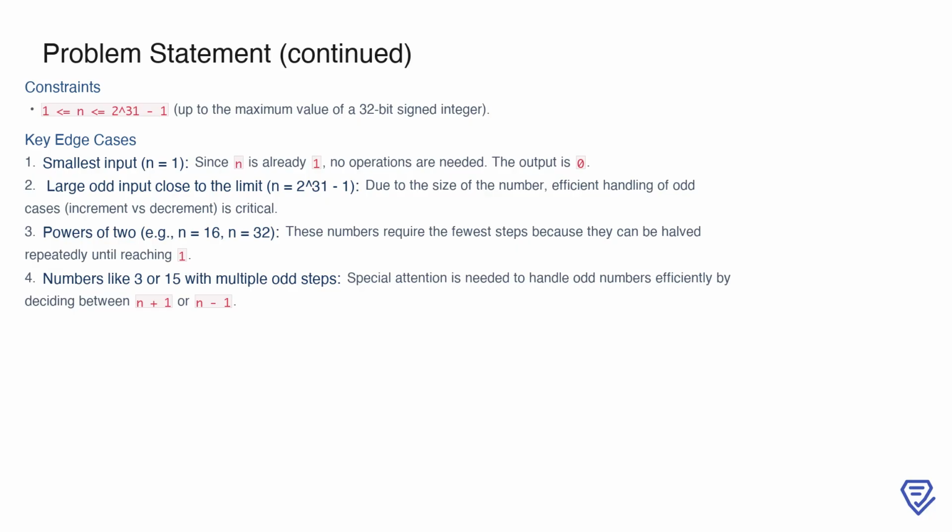For a large odd input such as n equals 2^31 − 1, it becomes critical to handle the choice between incrementing and decrementing efficiently to minimize steps. Powers of 2, like 16 or 32, are easier to handle since they can be halved repeatedly with minimal effort. Finally, numbers such as 3 or 15, which involve multiple odd steps, require careful decision-making to select the optimal operation at each stage. Understanding these nuances will help solve the problem more effectively.